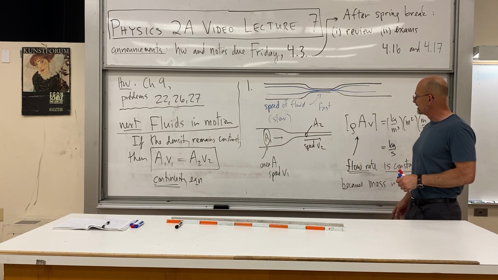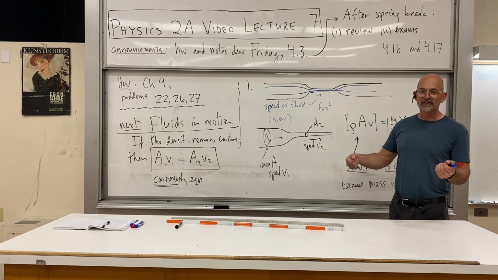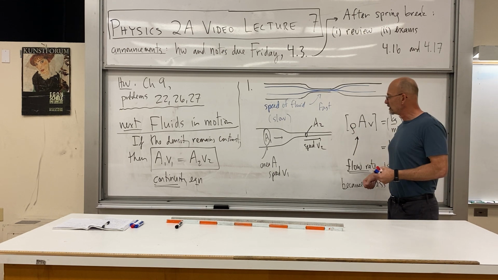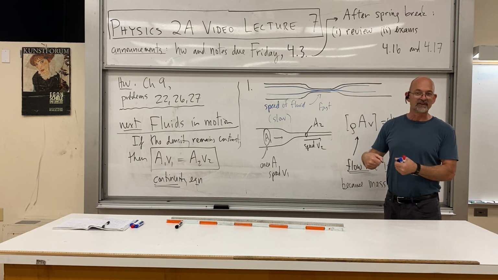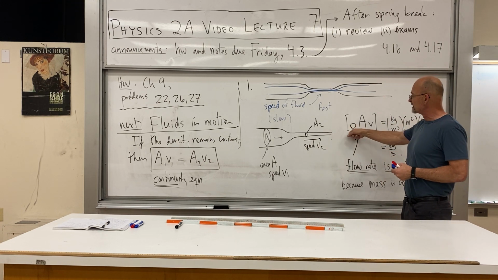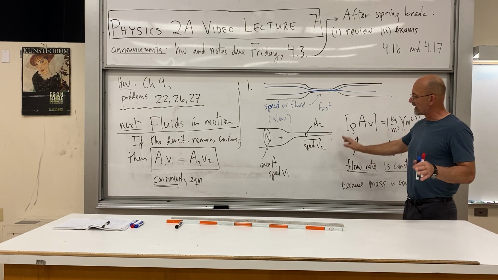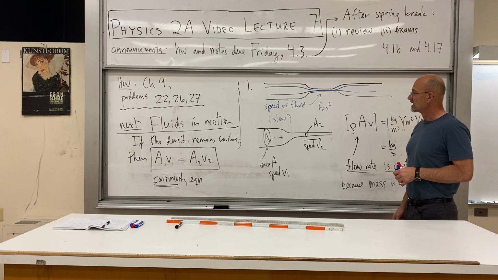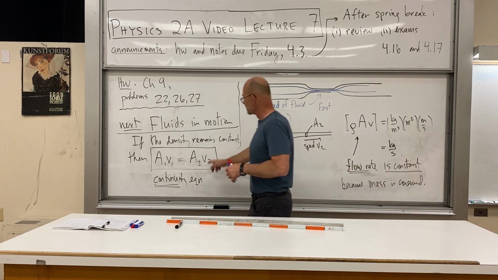On the other hand, if you've ever pumped up a bicycle tire with a bicycle pump, then you know that air can of course be compressed considerably. You can feel it being compressed, and then you know the density is changing. Good, so we've got this continuity equation.